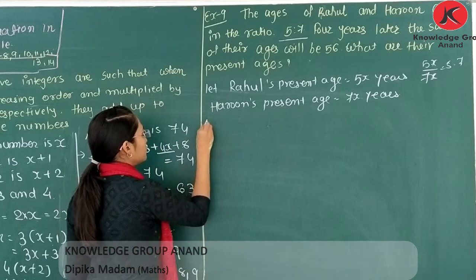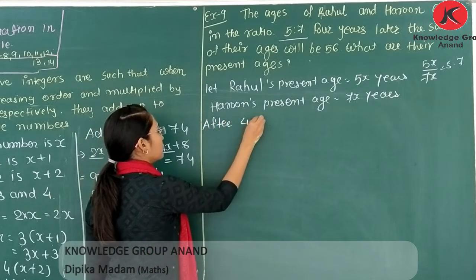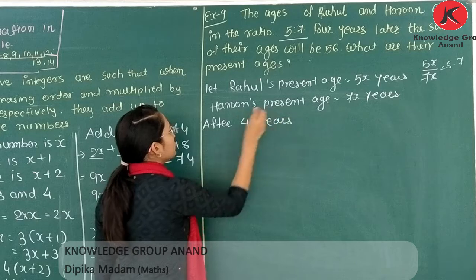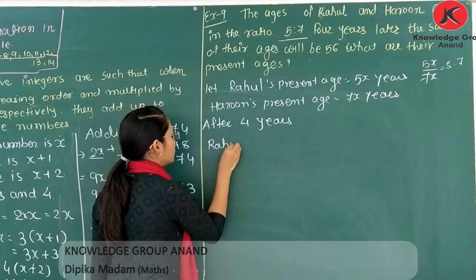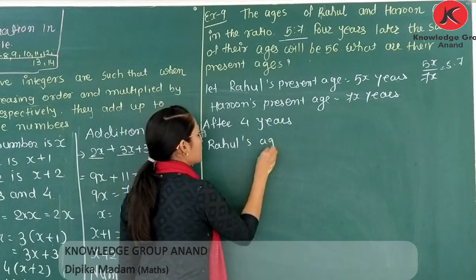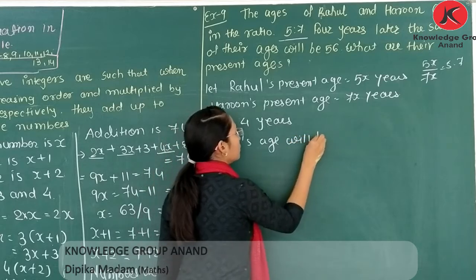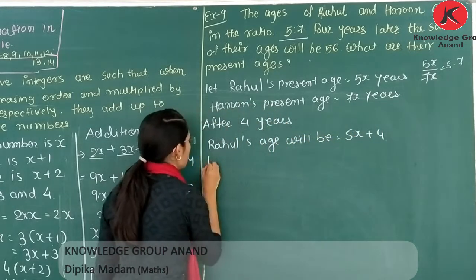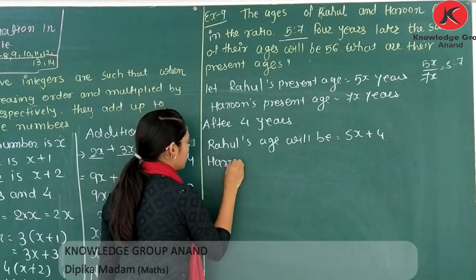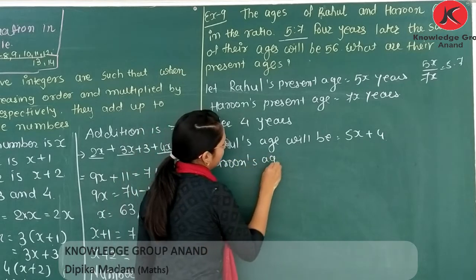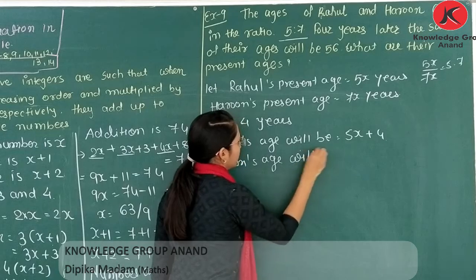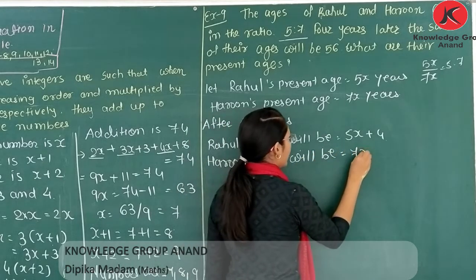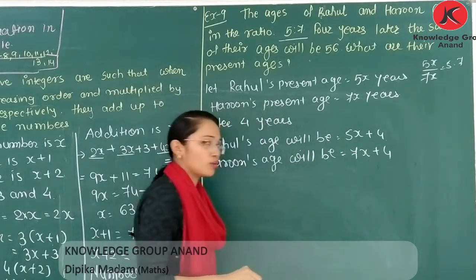After 4 years, Rahul's age will be 5x plus 4 and Harun's age will be 7x plus 4.